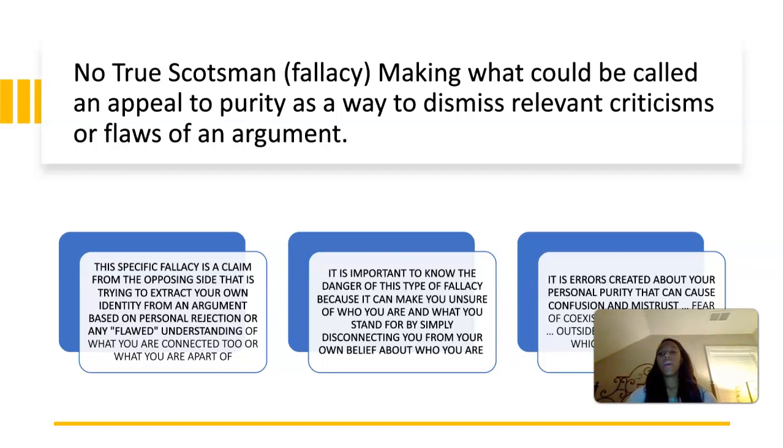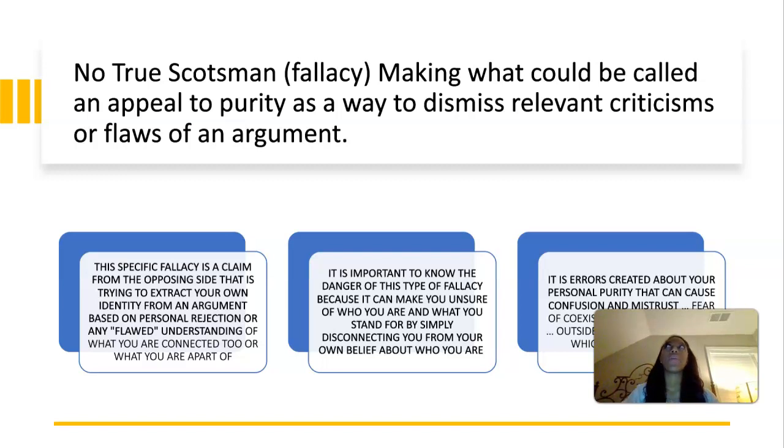Okay, this specific fallacy is a claim from the opposing side that is trying to extract your own identity from an argument based on personal rejection or a flawed understanding of what you are connected to or a part of.